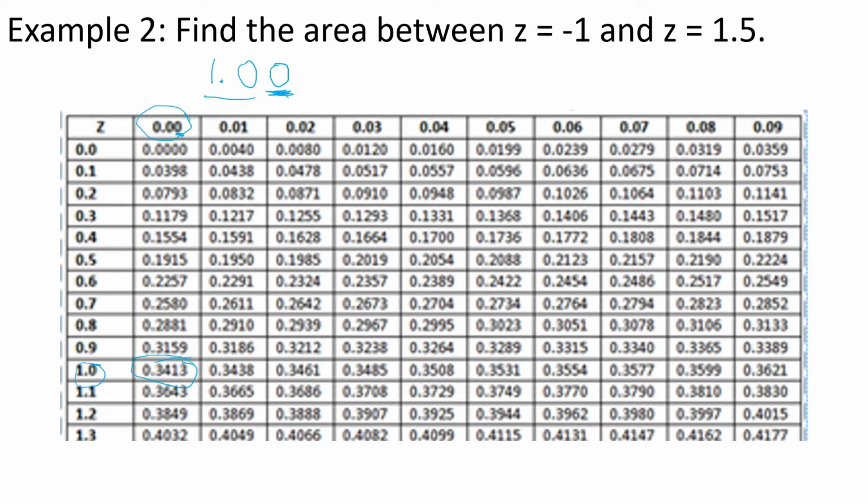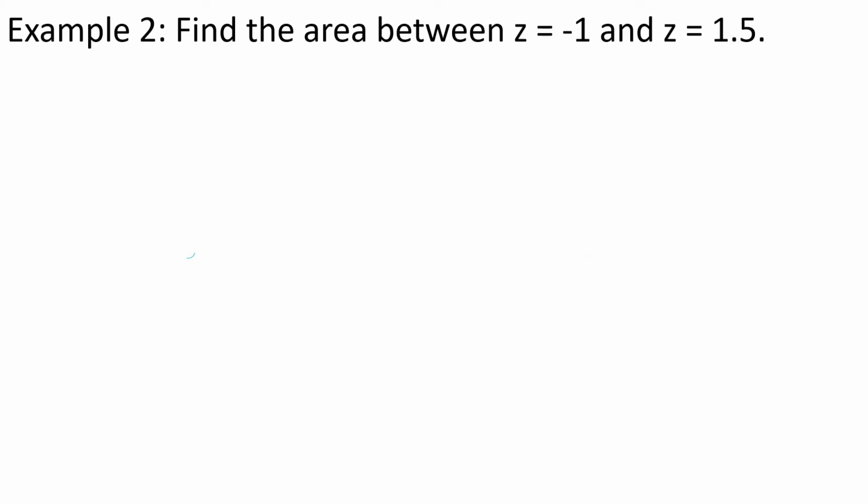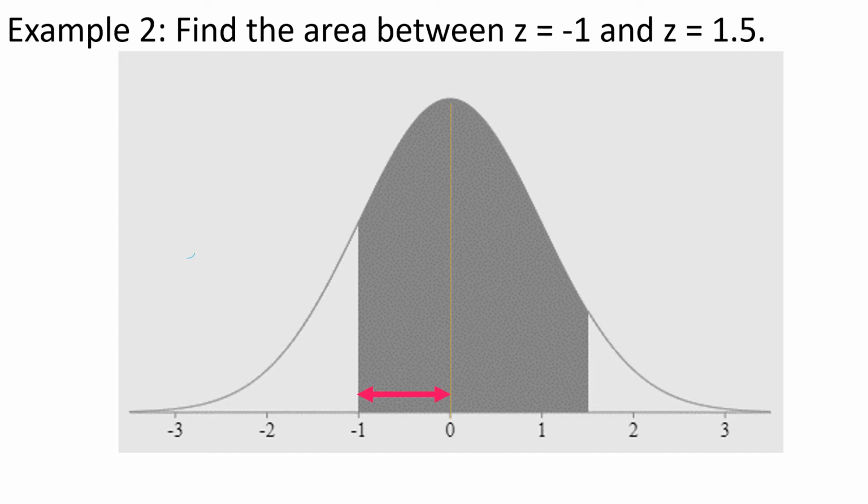So that's 0.3413. The area when z is equal to 1.0, that's from 0 to 1, is 0.3413, which is of course the same as the area from -1 to 0. So going back to the normal curve, we've seen that the area from -1 to 0 is 0.3413. Now, it's time for us to solve for the area of this region, that is from 0 to 1.5.